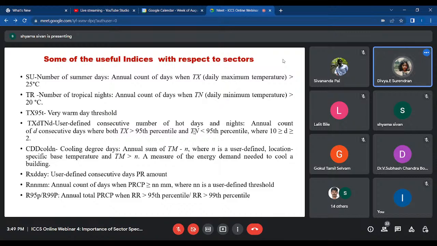Basically there are more than 65 globally recognized indices. All these indices are somehow related to different sectors. So understand how they are related with the particular sector you want to study, then it will help you deal with both the climate data and sector data. Next slide.